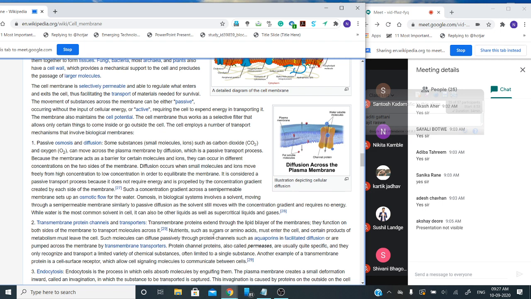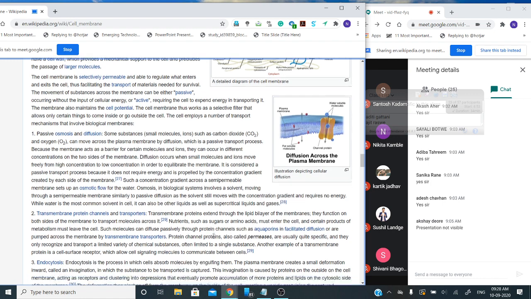That means the body decides which molecules to take inside the cell. If there are no transporters available, however good the thing may be, it may not be taken in by the cell. Then the second thing we have studied is the cell potential, which is very important, particularly in nerve conduction and muscle contractions. So these are various mechanisms.